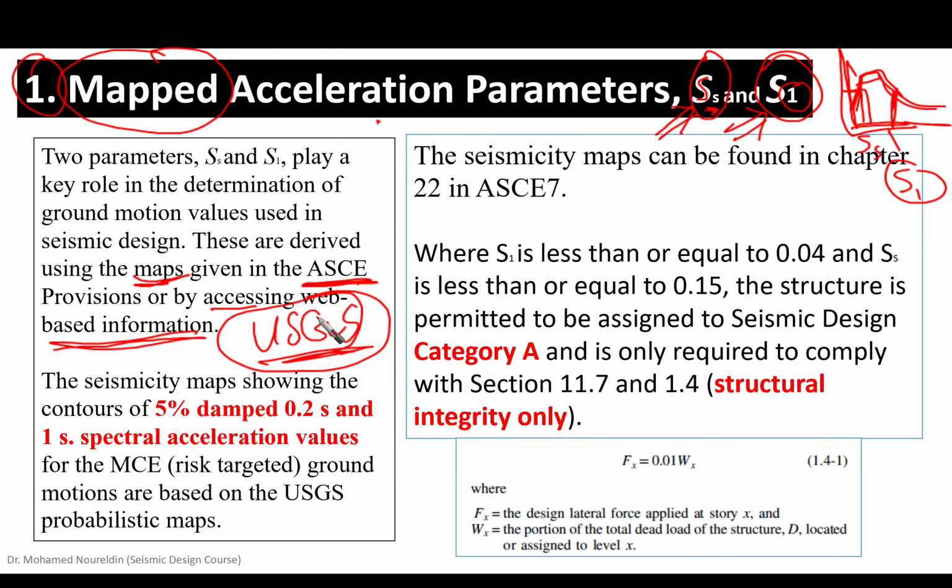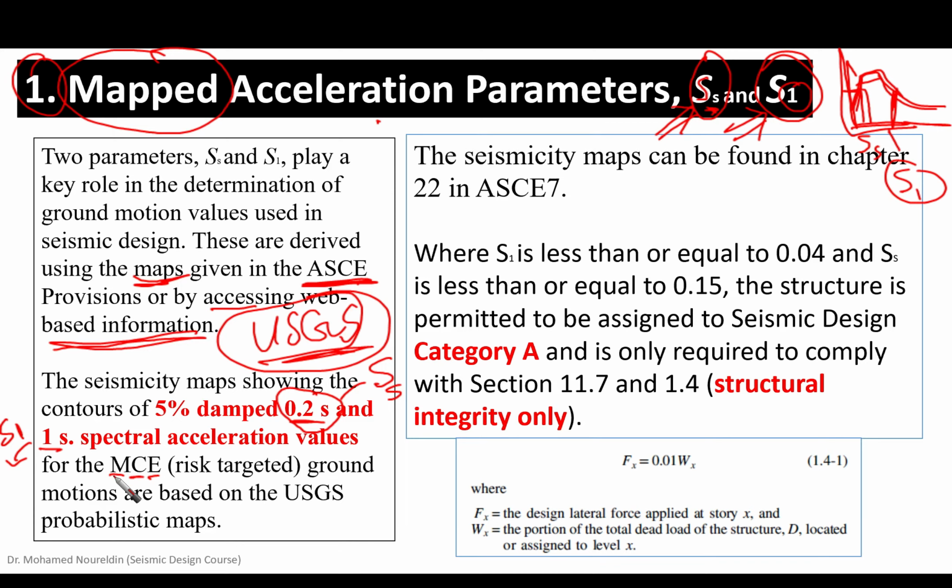The seismicity maps show the contours of 5% damped, 0.2 second, this is the short period, and this is what we call S sub S, and 1 second, which we call S sub 1. These are spectral acceleration values for MCE.